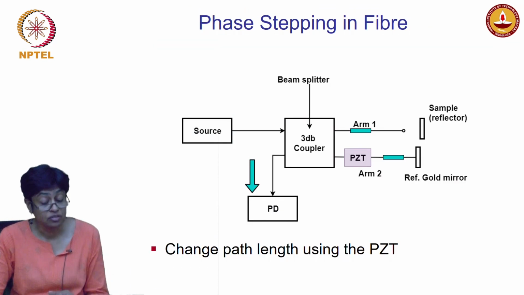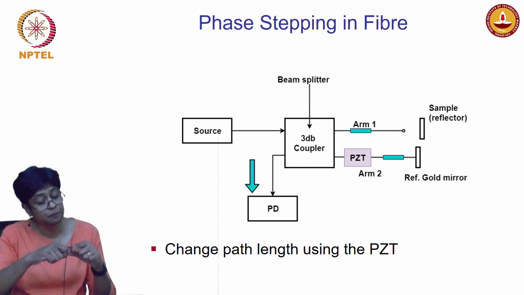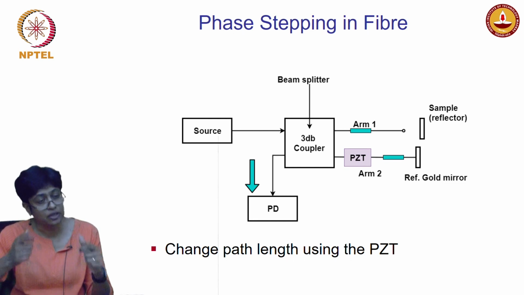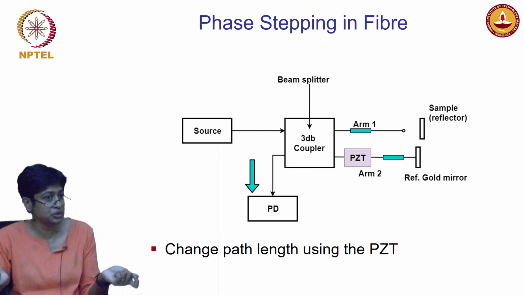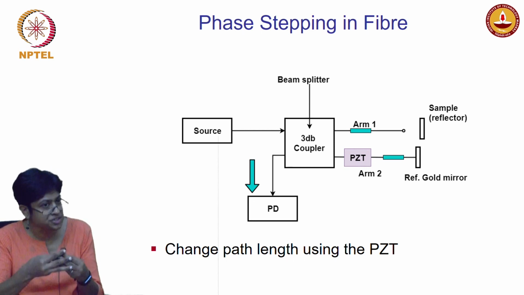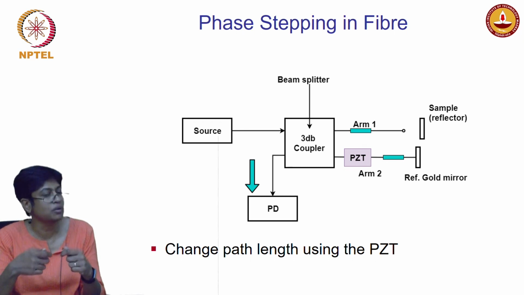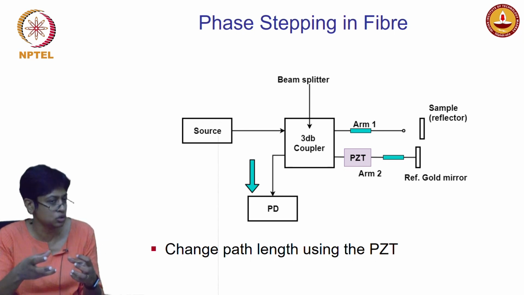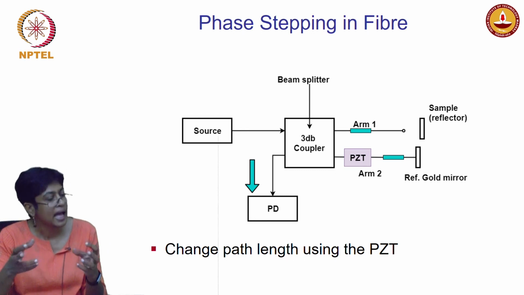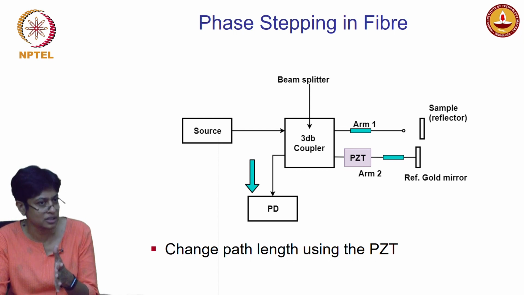In the fiber interferometer, it is quite simple to introduce a phase shift because you get a piezo cylinder with fiber wound around it, and you just splice this fiber into your reference arm, and then when you apply a voltage, that cylinder will contract and the fiber is wound very tightly around it. So, the length of the fiber also changes, maybe the refractive index also a little bit, and you can calibrate this to say for this voltage I get this phase change.